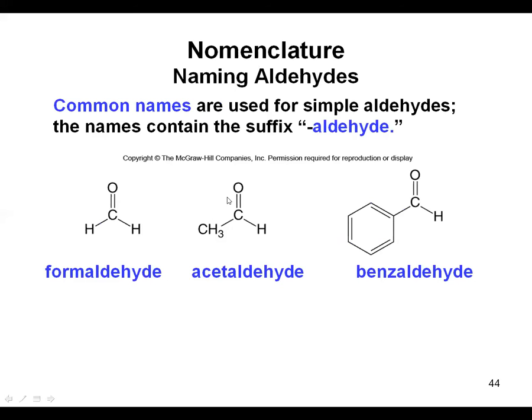Now, some aldehydes have sort of common names. So, for example, that's formaldehyde, that's acetaldehyde, and benzaldehyde because it has a benzene ring. But if we want to IUPAC this guy, again, we see our functional group here. It has 1 carbon. 1 carbon is based off of methane.